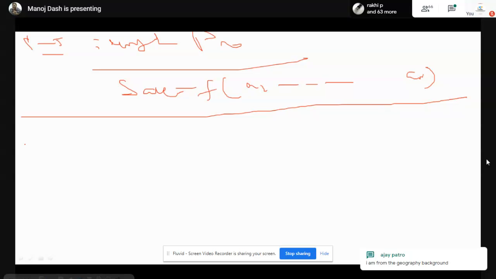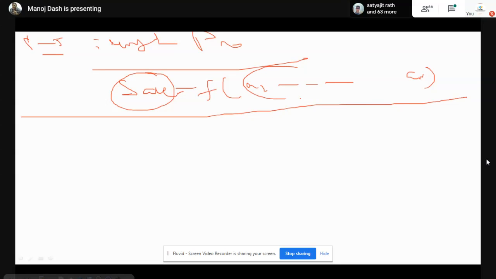What are the three basic problems? Find the cause and effect. Now tell me, is sales a cause or an effect? Effect. These are the cause. So there is no question of finding cause and effect.